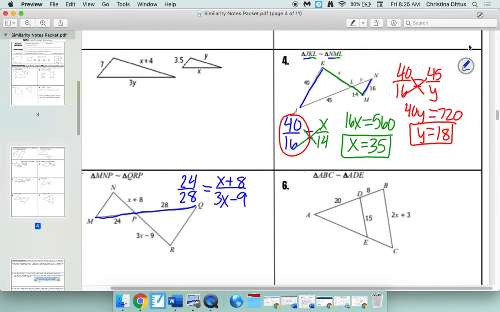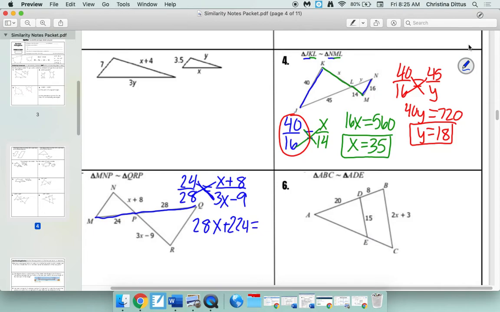Same sort of thing that we had Wednesday. When you have two things going on, like not just x, but x plus 8 and 3x minus 9, when you cross multiply, you have to distribute. Okay? So like here, we're going to get 28x plus, what's 8 times 28? 224.